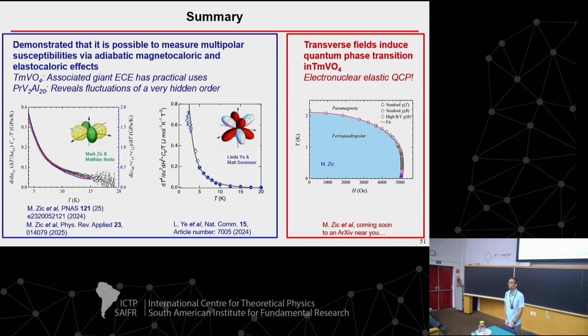And the second question is, when you talk about the octopolar order, you also show that the one other conjugate field is HX times HY times HZ. Couldn't you measure a nonlinear magnetocaloric effect to also get that? Is this easier? No, it's not.